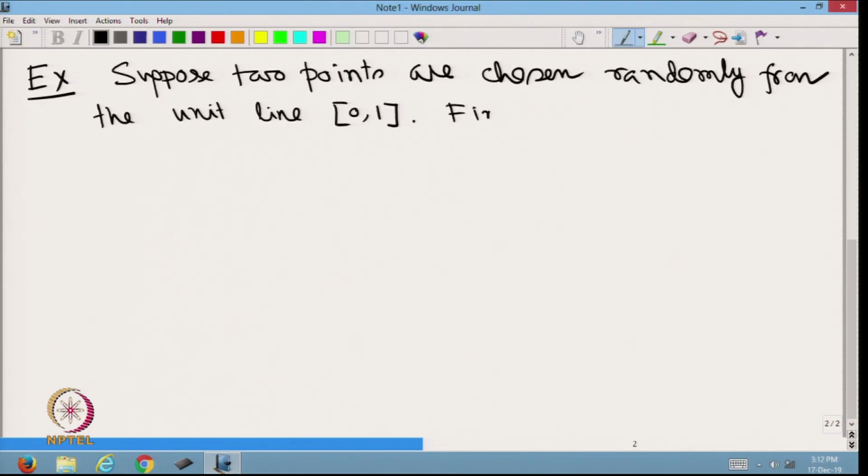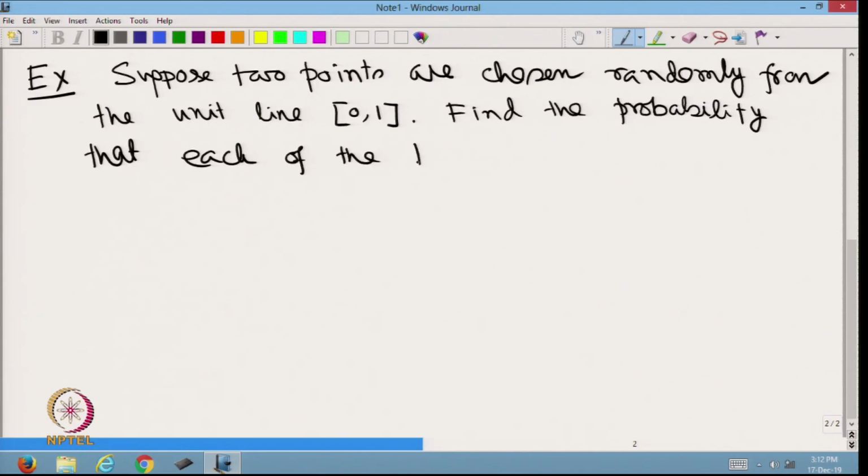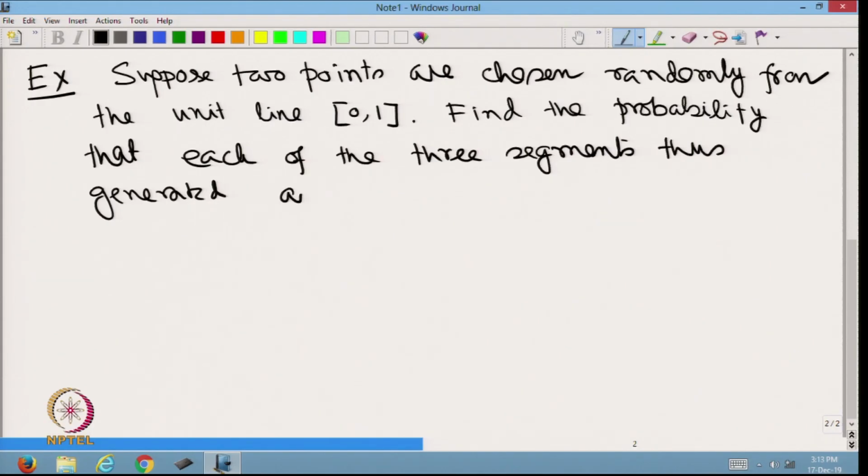Find the probability that each of the 3 segments thus generated are of length greater than or equal to 1/4.